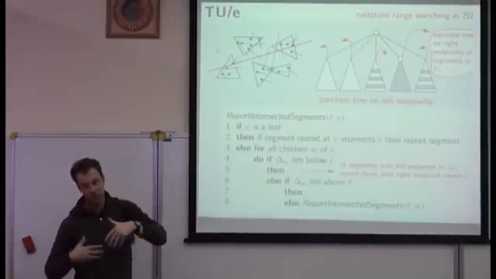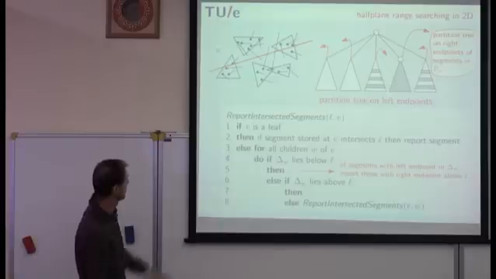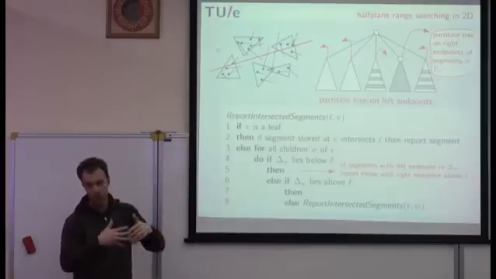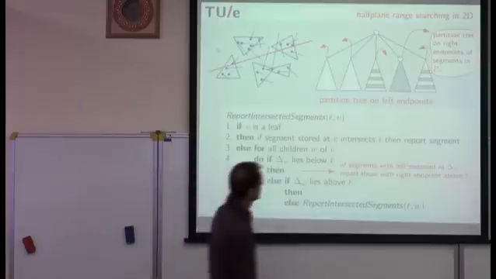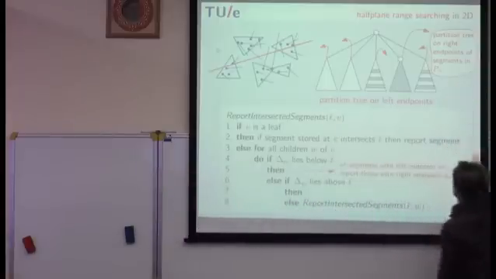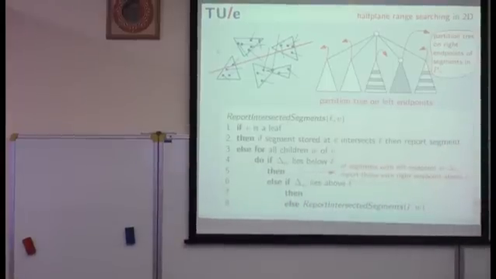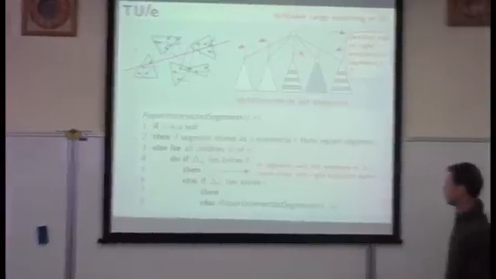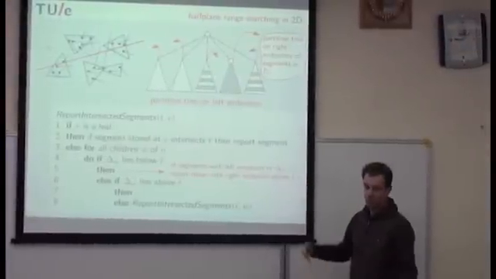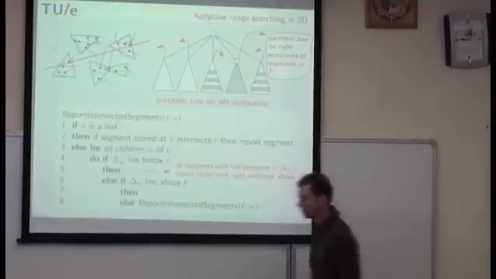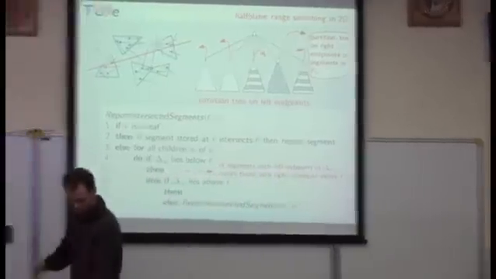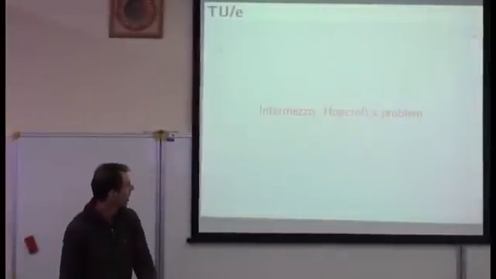So if I want to find the segments intersecting the line, then out of those I should find the ones where the other endpoint is above. And for that, I had this second partition tree on the right endpoints, and here I can just do a query to find those on this second level tree.